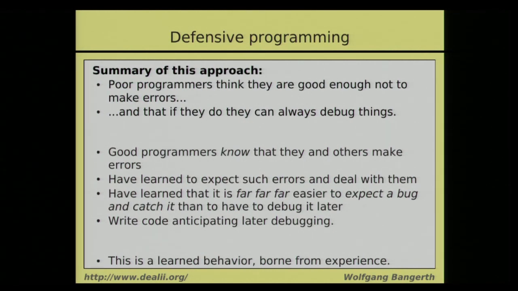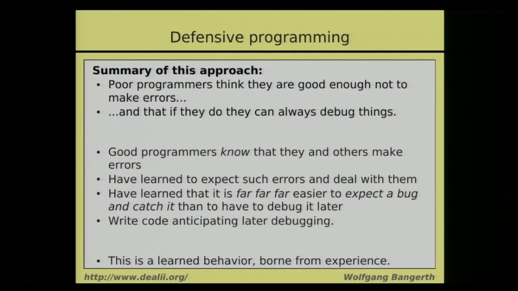Good programmers know that they make errors, and they have learned that it is painful to deal with the fact that your program produces something that is wrong. It is far easier to write code in such a way that it anticipates that we make errors, so we expect that bugs happen, and then we catch them, for example by adding assertions. That is far easier than having to debug your program.